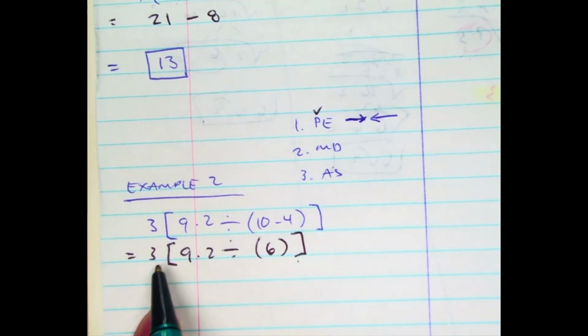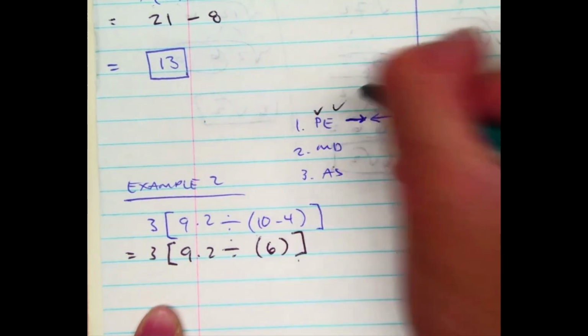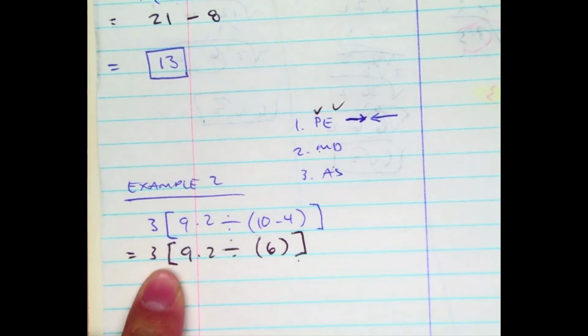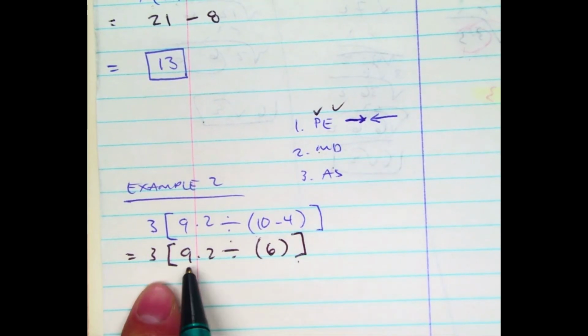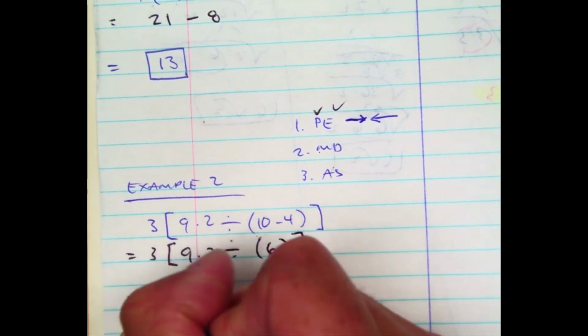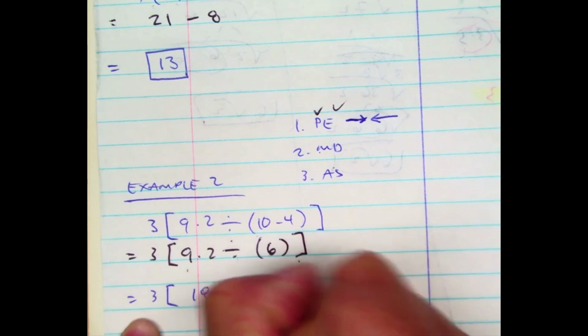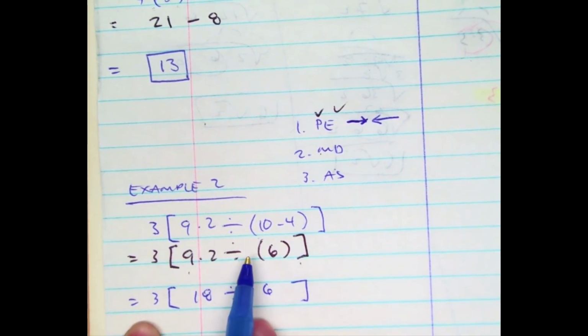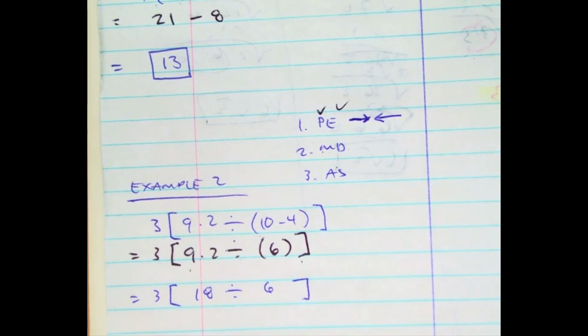Do you guys see any exponents? No. Now, inside the brackets, I'm going to do multiplication and division as I see them going from which direction, class? Left to right. So I'm not going to skip over here. I'm going to do this one first. 9 times 2 is 18. And you see that I didn't need that set of parentheses, so I dropped it.